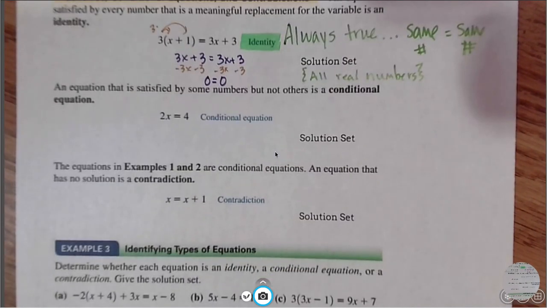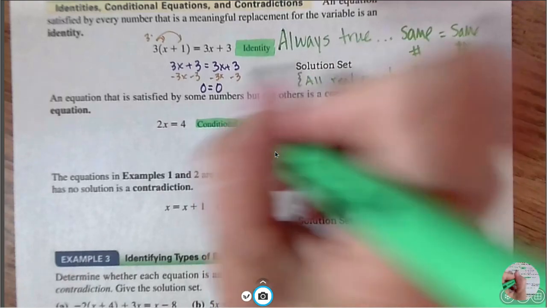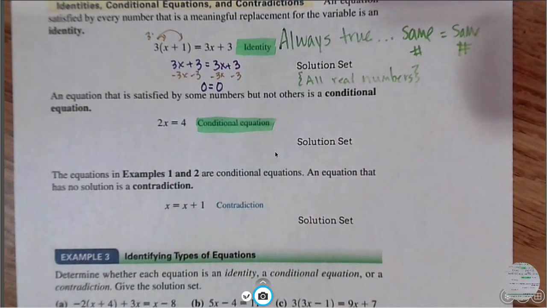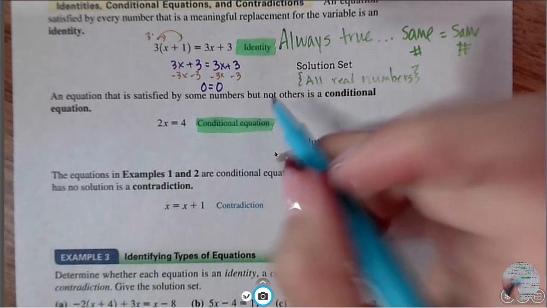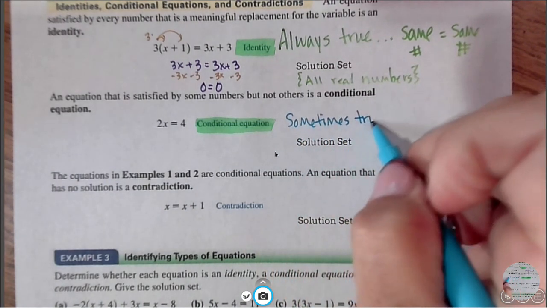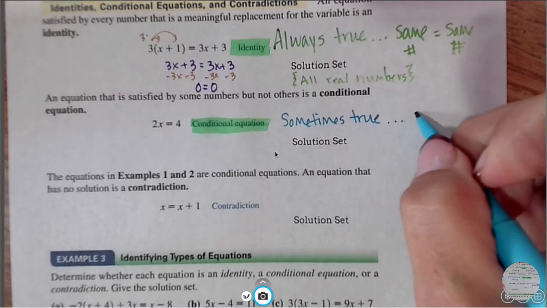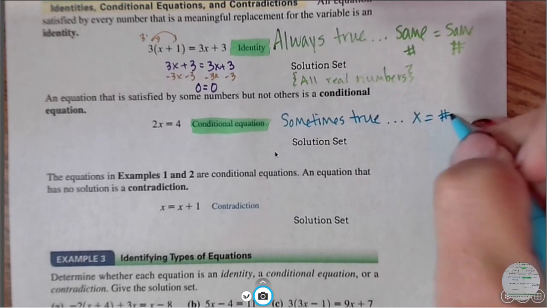Here is a conditional equation. Conditional equations are like the ones that we've just solved in the first two examples. Conditional equations are sometimes true. When you solve a conditional equation, you're going to end up with something that looks like x equals a number.